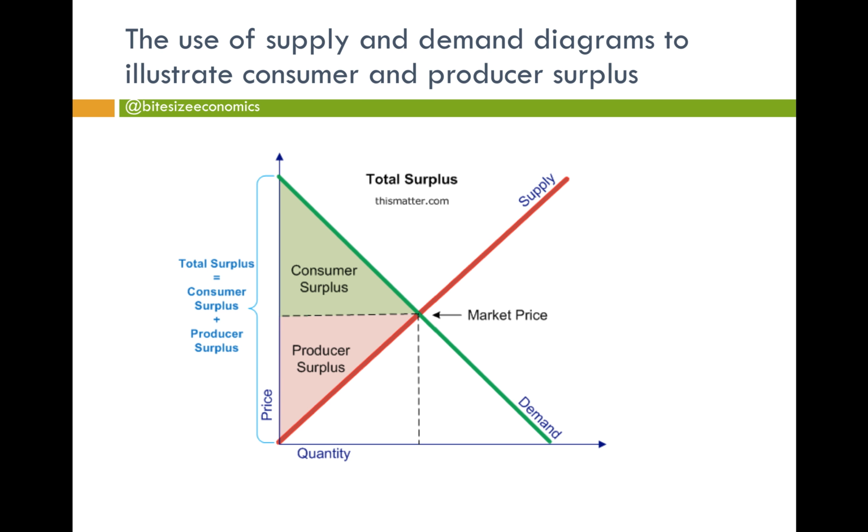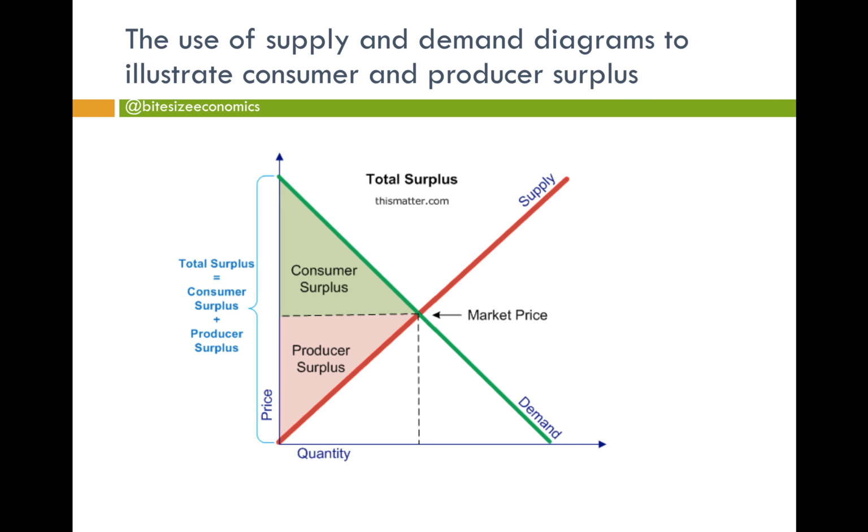So here we can see it on our demand and supply curve. So consumer surplus is, do you remember what I said about it being below the demand curve? Obviously if it's above the demand curve, then you're saying that they're paying higher for it, but actually they're paying less and less for it. So how I remember that consumer surplus is below the demand curve: you see these two triangles here.